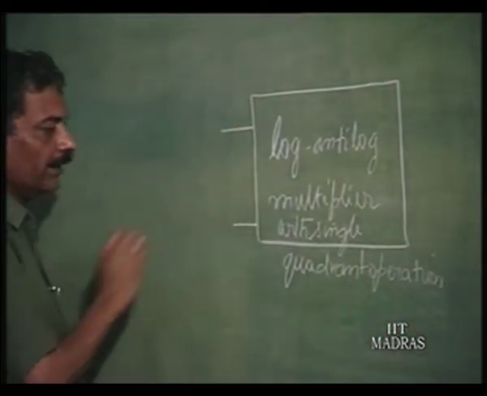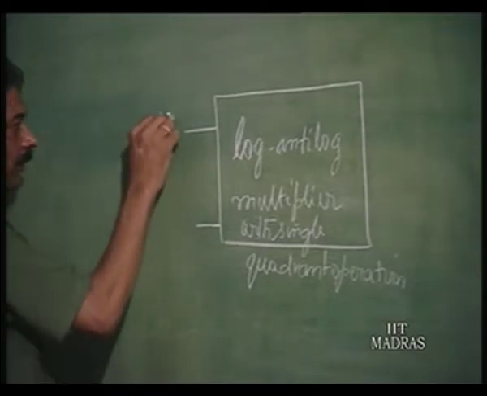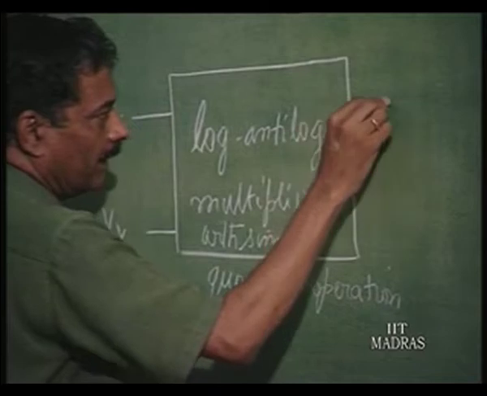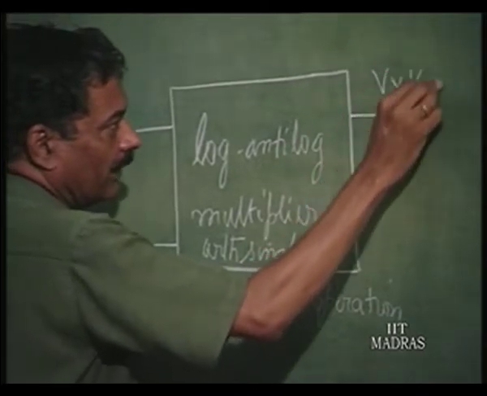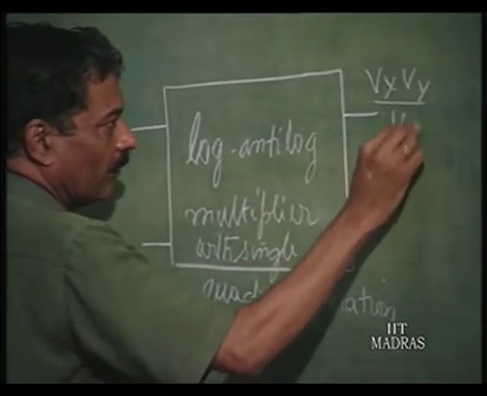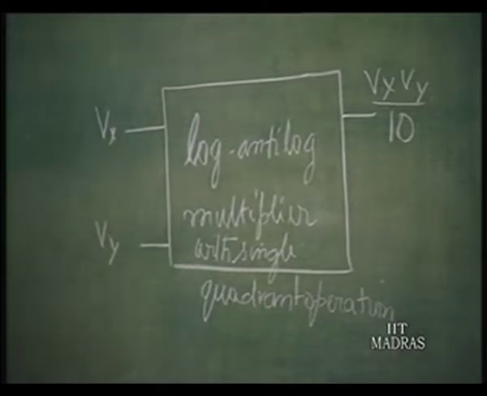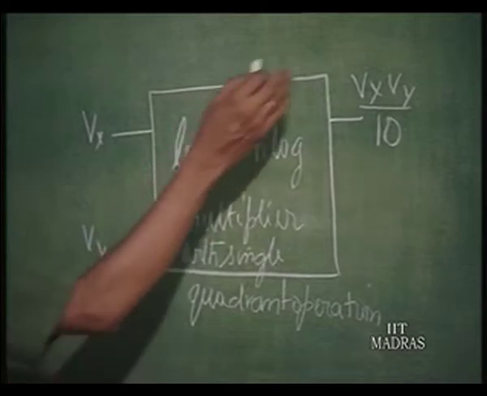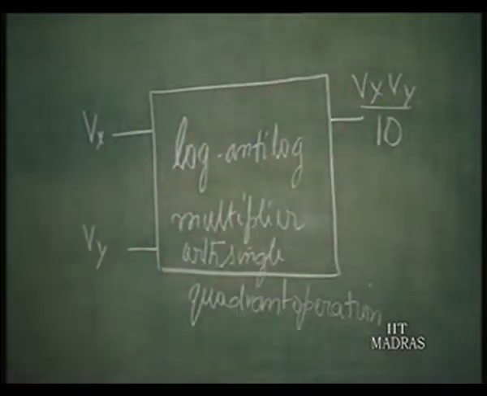So, we want to give this, let us say, input V x and V y, and the output we will get as V x V y by 10 volts by making V r equal to 10 volts. Only thing is how to select V x and V y such that it is operated in single quadrant, even though our actual input is plus minus 10 volts dynamically.